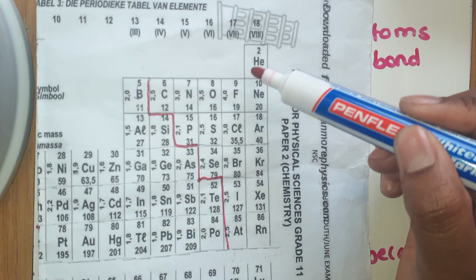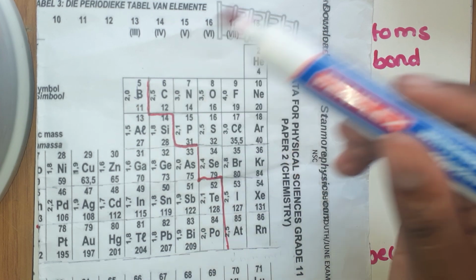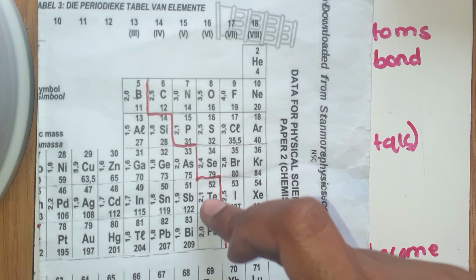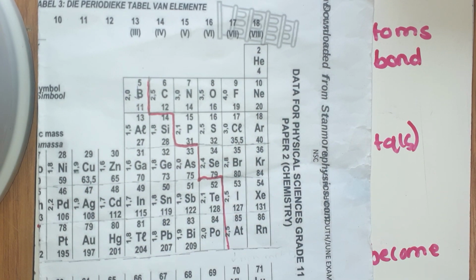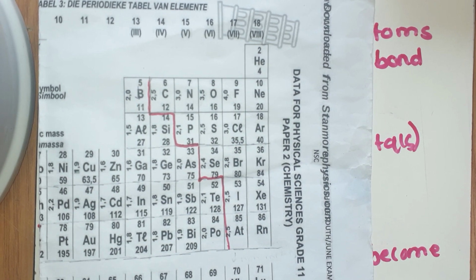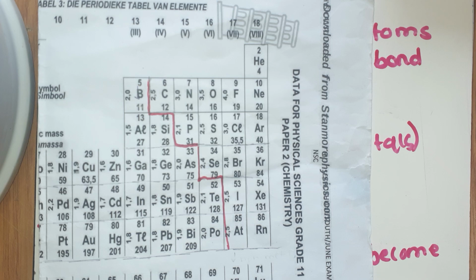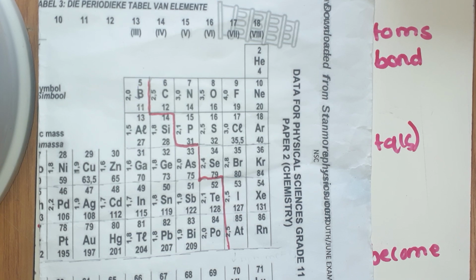All these elements that appear in here are all called non-metals. And this one here, we have semi-metals, and then from there we have metals. But for organic chemistry, we only focus on non-metals. So all of these elements that appear here are non-metals.